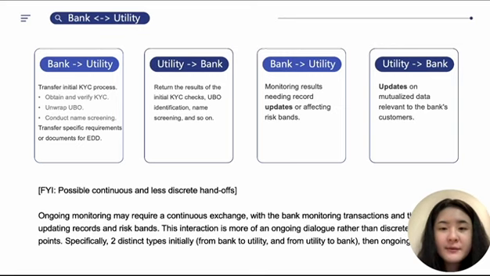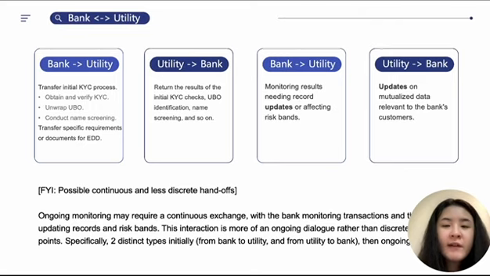And the second point requires the utility to return the result of the initial KYC checks, UBO identification, and name screening back to the bank. And the last 2 are both about updates. Banks should monitor the results that need record updates or affect the risk bands, and utility should update on the mutualized data relevant to the bank's customers. Above are the 4 handoff points between bank and the utility.